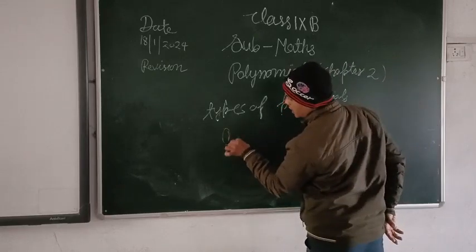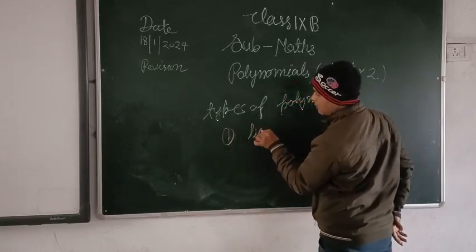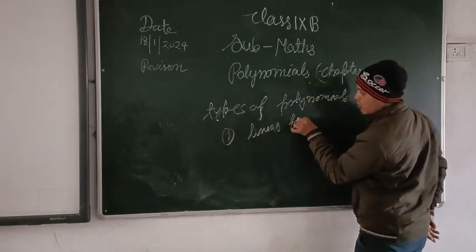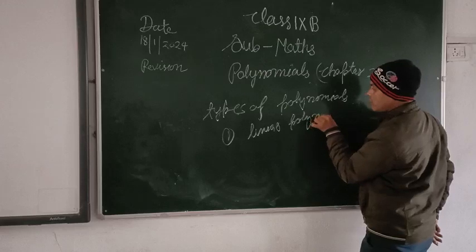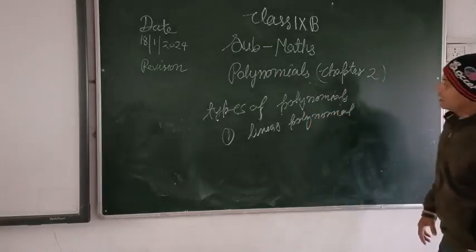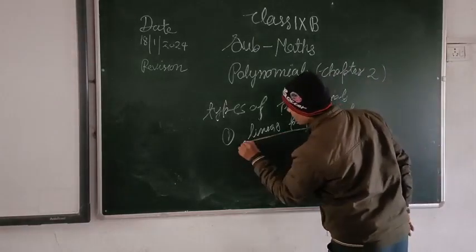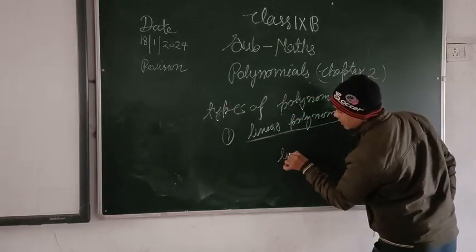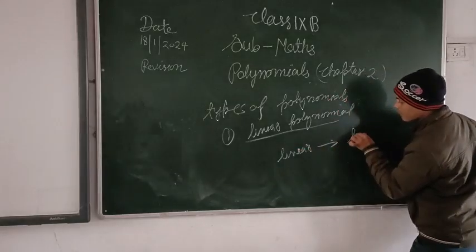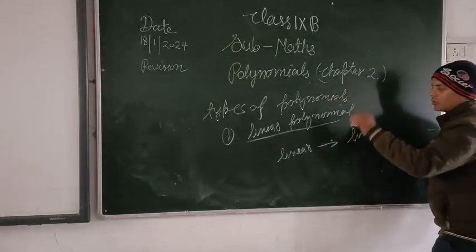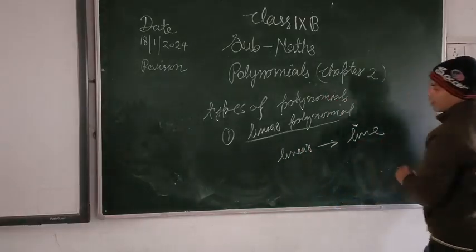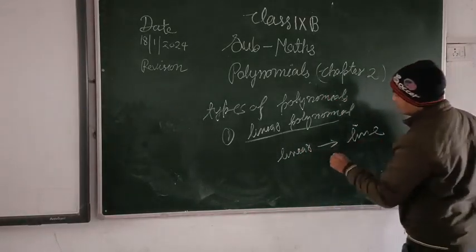As we know, the first one is linear polynomial. What is linear polynomial? Linear means the word coming from line, and it means straight.